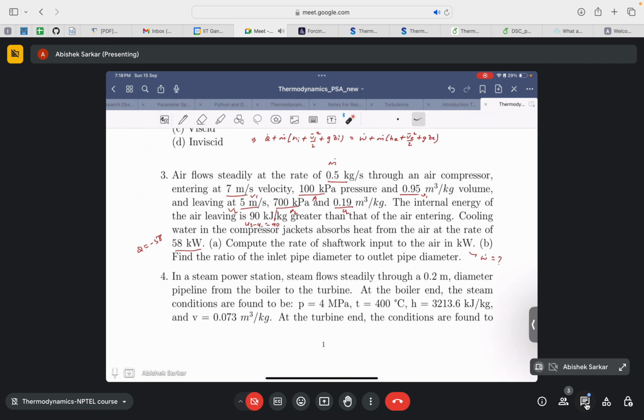Just substitute the value of everything here and find W dot. Quite simple. I'll give you say 5 minutes.